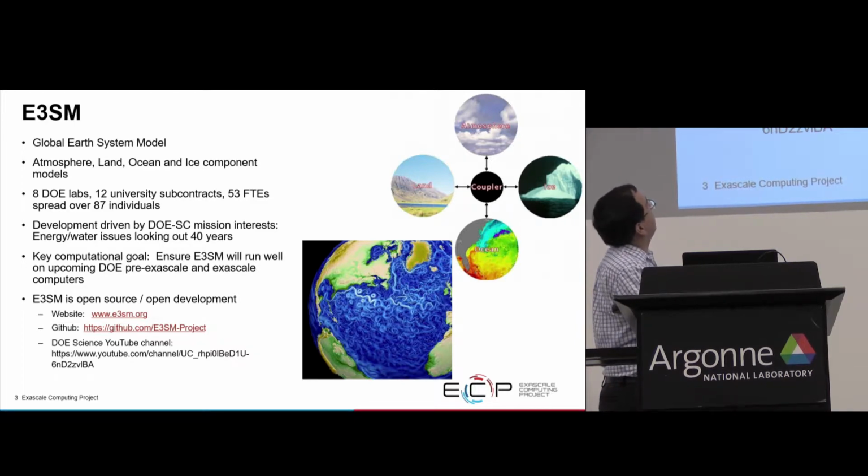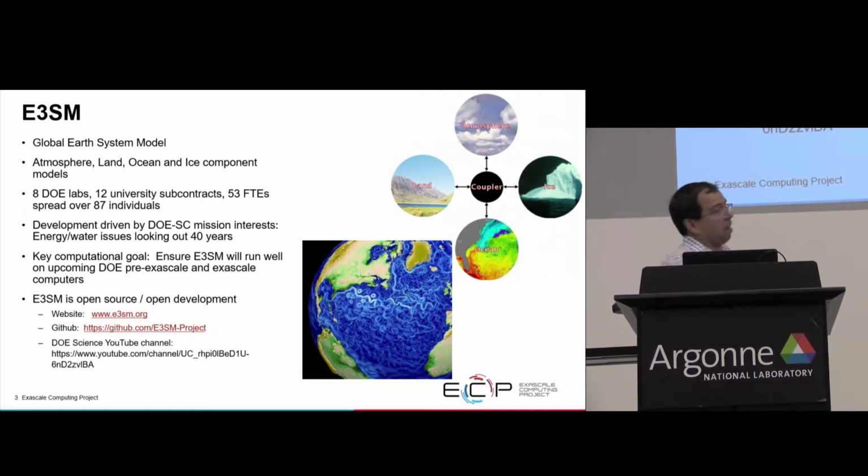I should say this includes both the big ECP project and another project that we're also funded by BER. And our climate code is driven by some of the Office of Science mission interests, understanding energy and water issues looking 40 years from now.